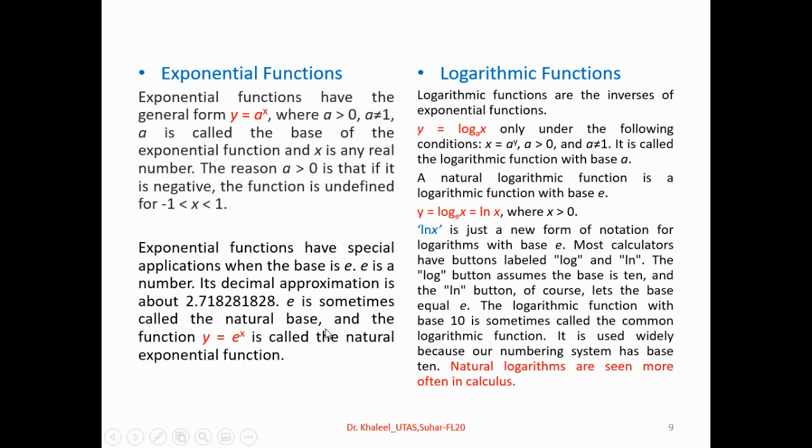So then we have a natural exponential function. So y is equal to a raised to x is an exponential function, and y is equal to e raised to x is a natural exponential function. So there are two types of exponential function. Y is equal to a raised to x, where a is not e. When a becomes e, then it is a natural exponential function.